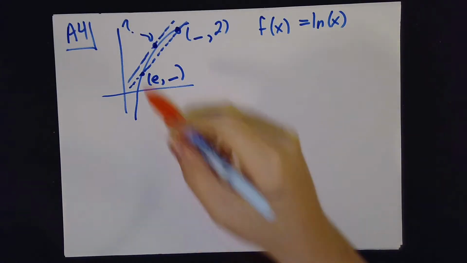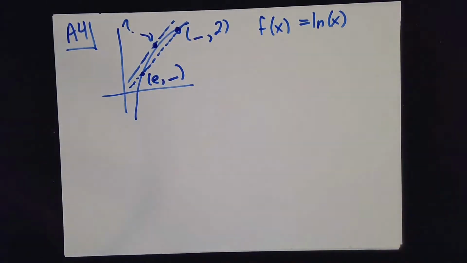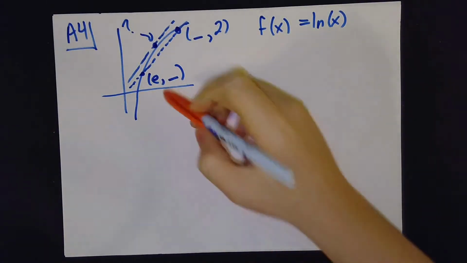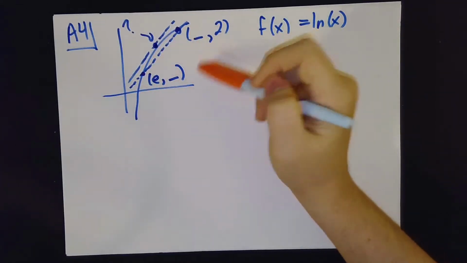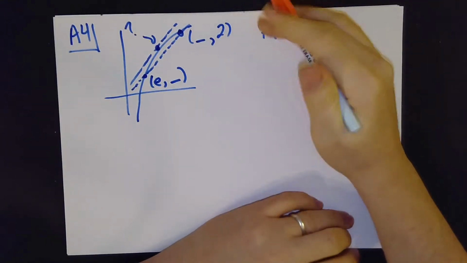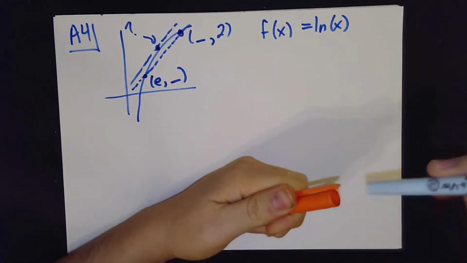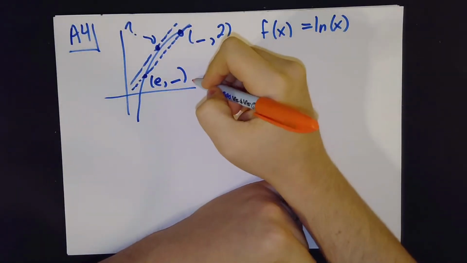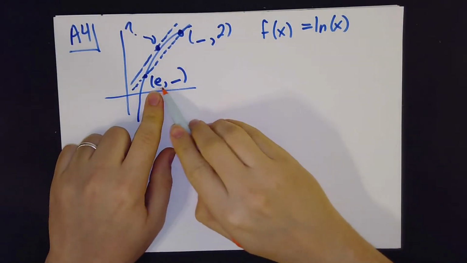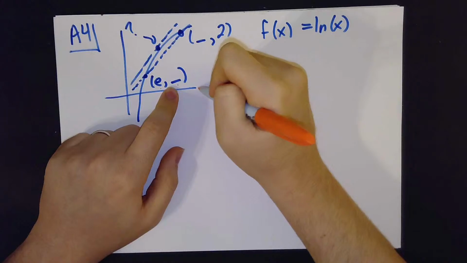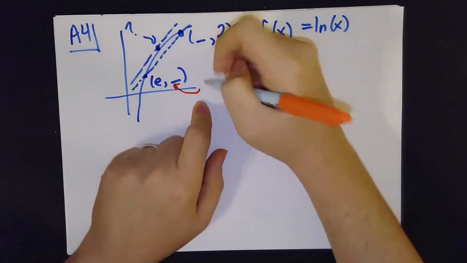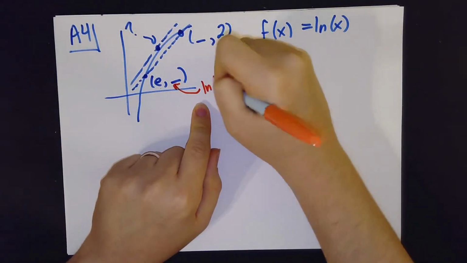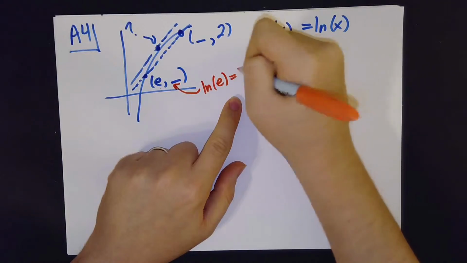So these 2 points, let's start with those. These are both points on the graph, and so these are input-output pairs. In the case of this one, e is the input. So this should be the output, which should be the natural log of e, which is 1.